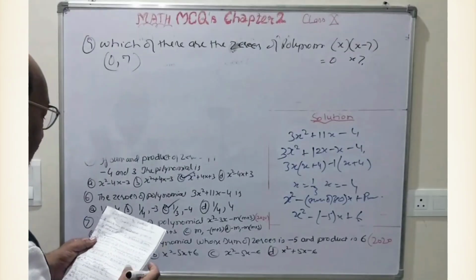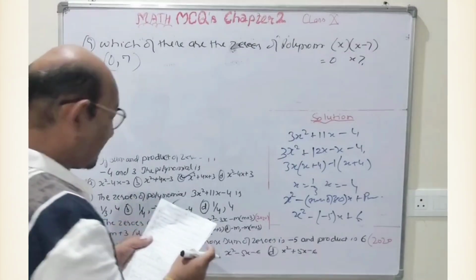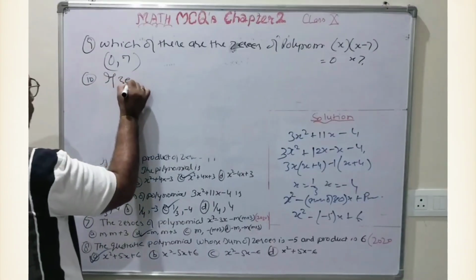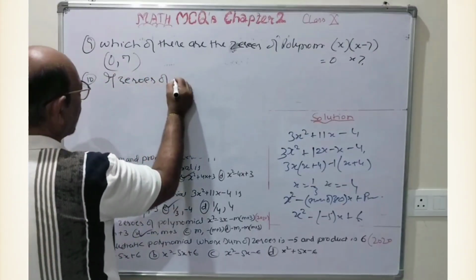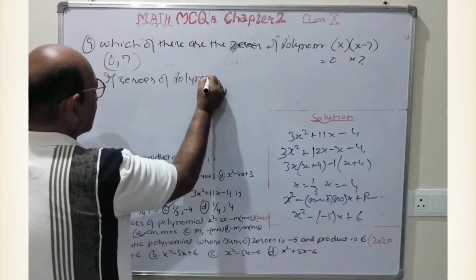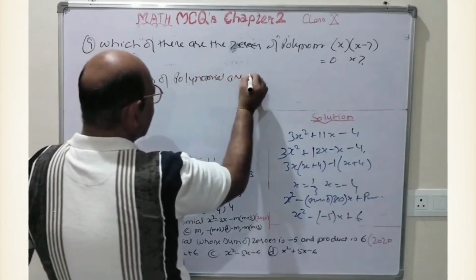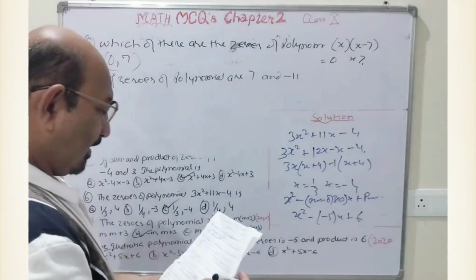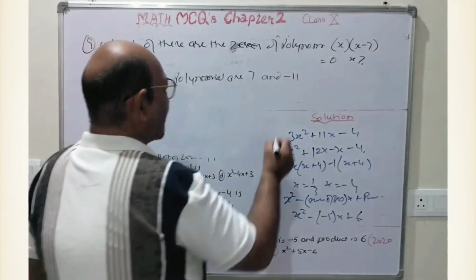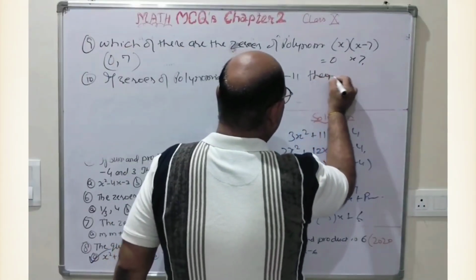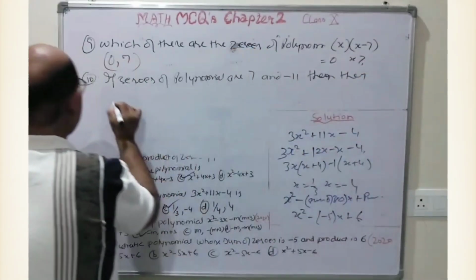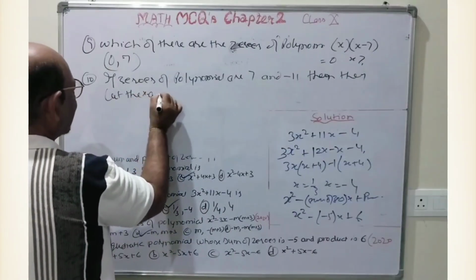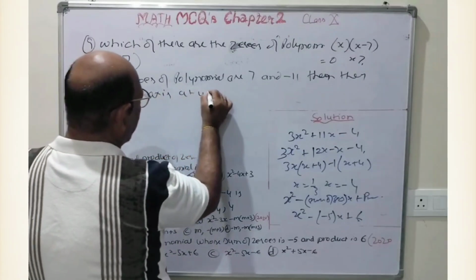Next is, if the zeros of polynomial are 7 and minus 11, then they cut the x-axis at which point?